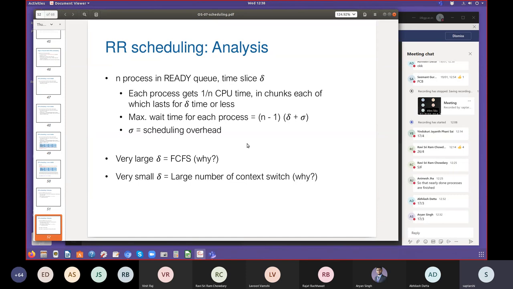So people generally choose some reasonable value of delta, which people have found out through experience. Usually, what kind of time slice works best, people have figured out from experience. But that is the problem with having delta too high or too low.